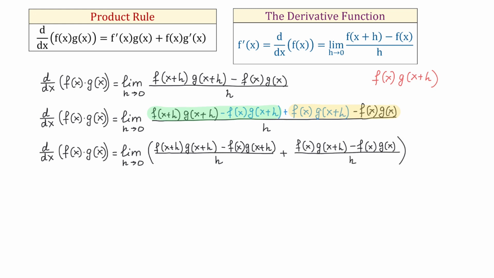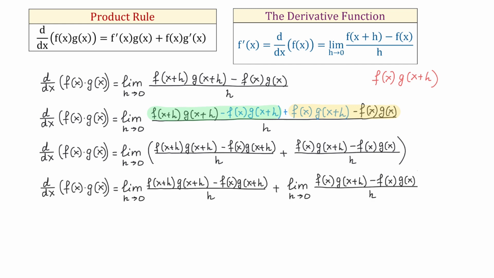Next, we will take the limit of each of these fractions. So here we took the limit of the first fraction, then the limit of the second fraction. Now, in the first fraction, in the numerator we have a difference with a common factor g(x+h).